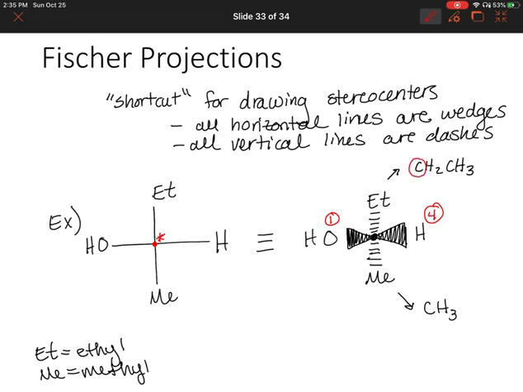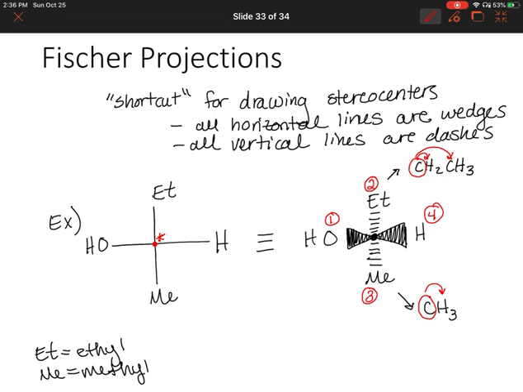So would this carbon have higher priority, or would this carbon have higher priority? So the ethyl carbon would have higher priority because it's bonded to 2 hydrogens and a carbon, whereas the carbon in the methyl group is only bonded to 3 hydrogens, and those are all really low in atomic mass. All right, so ethyl gets priority 2, methyl gets priority 3.